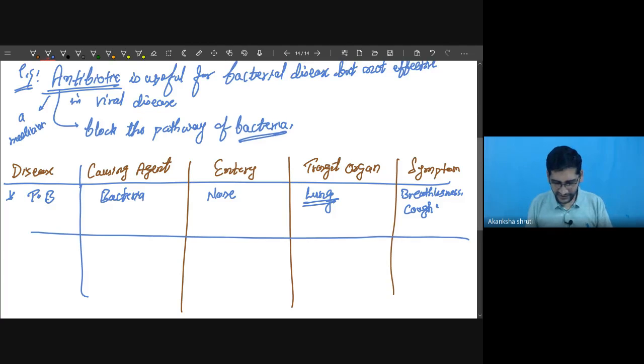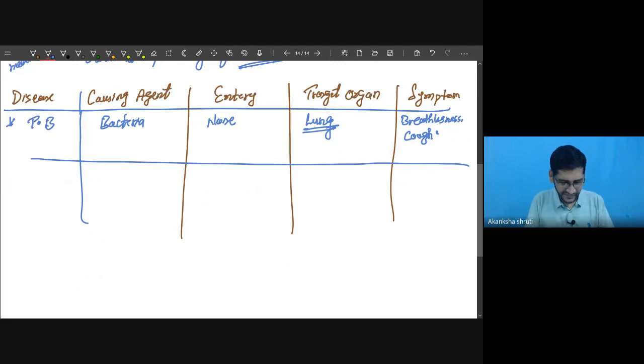Okay, write down the second one. We have to just keep in mind what are the entry and exit points for a few of them. Write down typhoid. It is in your book and it is always asked. So it is also bacteria. It enters through the mouth. Typhoid. Why? Waterborne disease. Okay now.